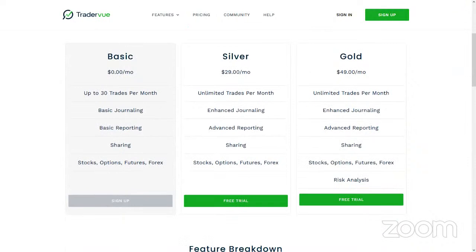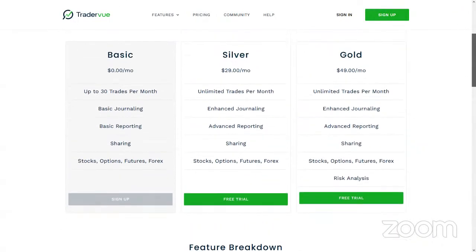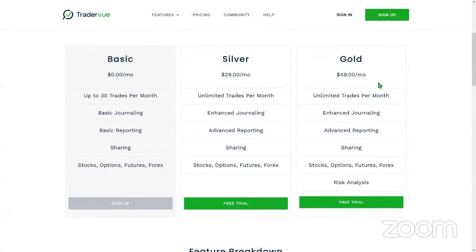Yes, exactly this. What I'm displaying is a gold account, and the reason is that gold supports all the advanced reports and also everything that I just showed you. Also, gold supports commissions and fees. So if you want to be able to import your commissions and fees, you will need to have the gold plan.